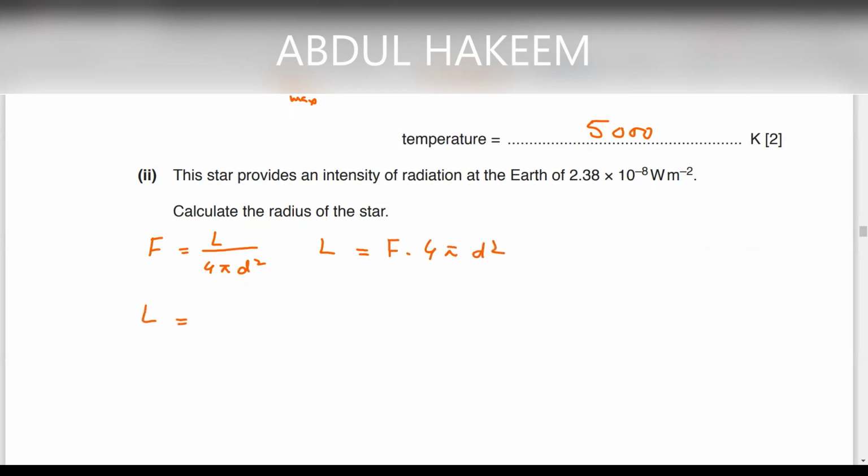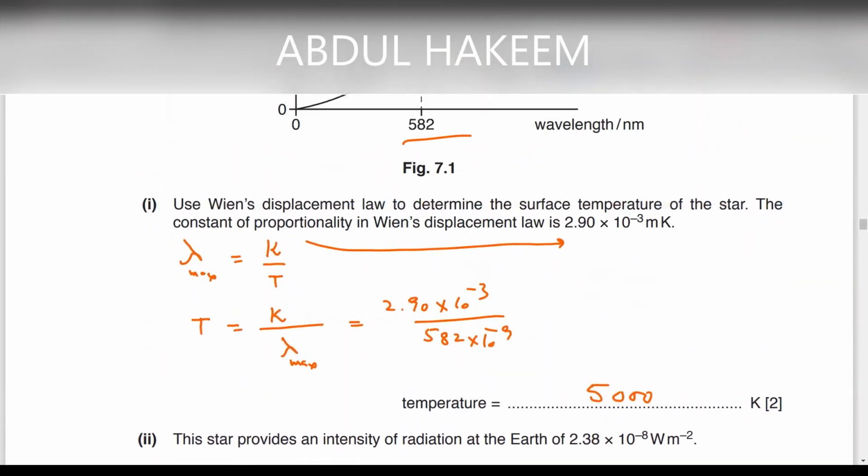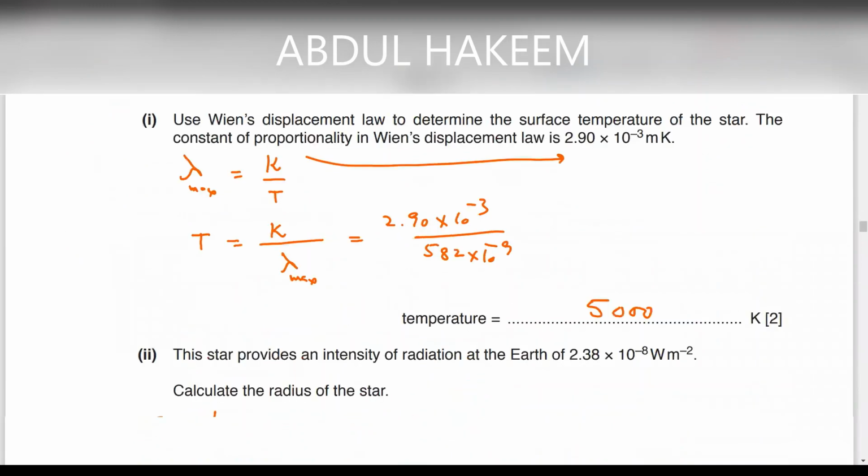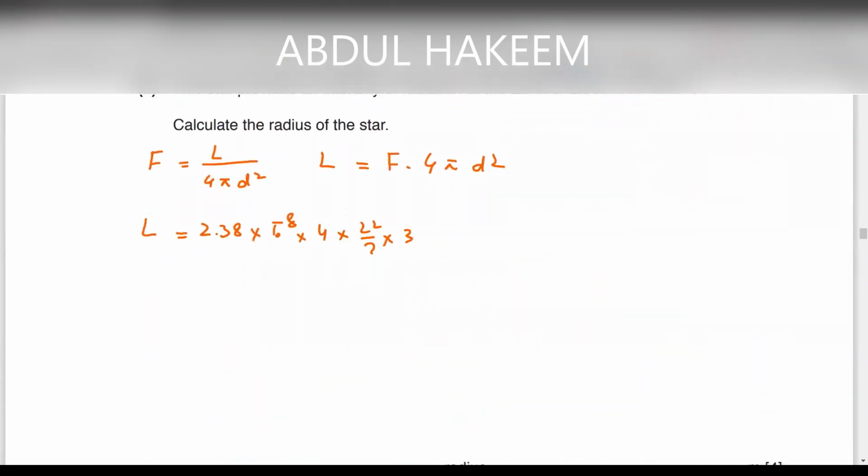So first the luminosity. This flux intensity is 2.38 × 10^-8, multiplied by 4, multiplied by pi, 22 by 7, and the distance is given, yes, it is 3.8 × 10^17.